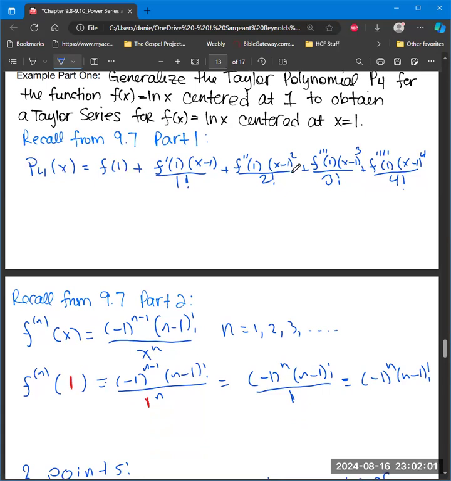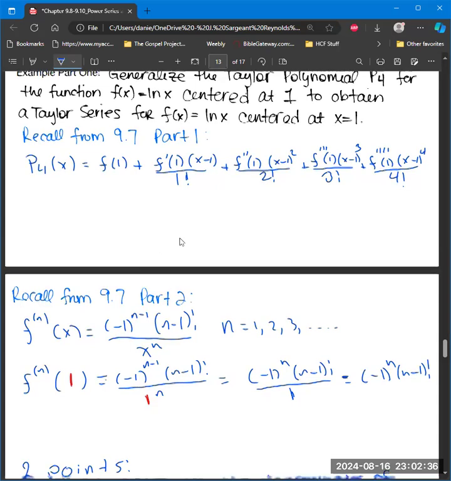So when we saw the first 4 terms here, it was f of 1 plus f prime of 1 times x minus 1 over 1 factorial plus f double prime of 1 times x minus 1 to the second over 2 factorial plus f triple prime of 1 times x minus 1 to the third over 3 factorial, plus 4th derivative at 1 times x minus 1 to the 4th over 4 factorial.